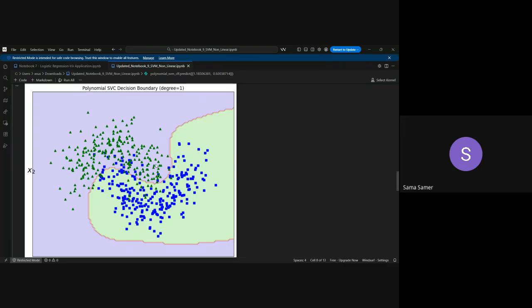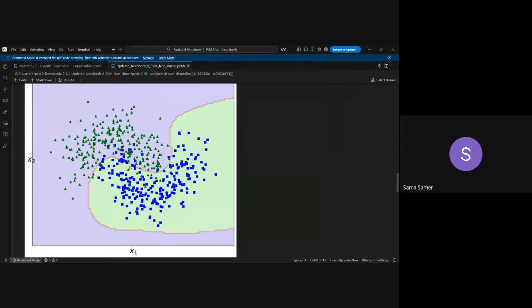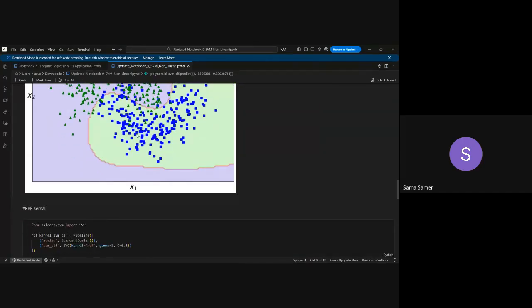If I use a larger C, it will be strictly enforced and can lead to overfitting. So we can say we have classified about 90% correctly, and this is just some violation inside the data, which can be noise. You can remove it, but this is according to our data set, and this is the simpler SVM.